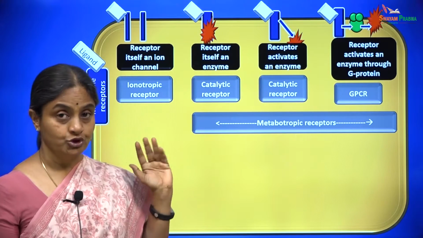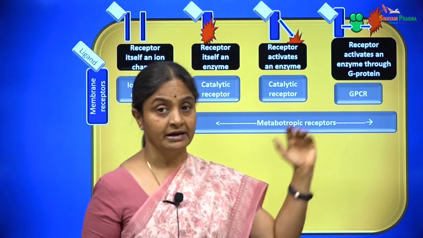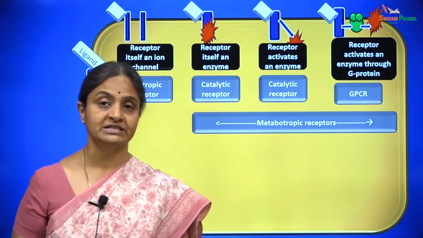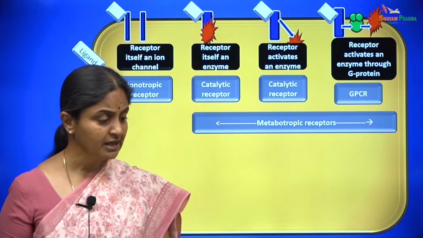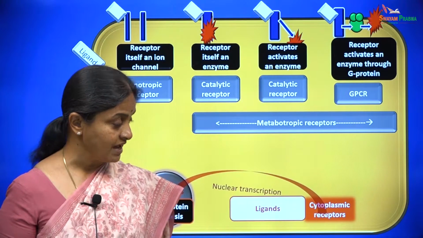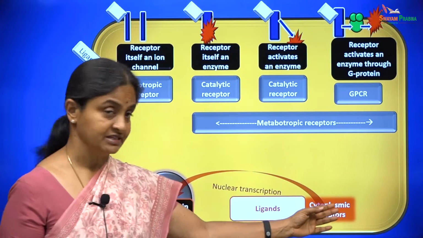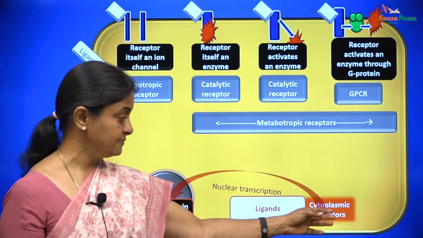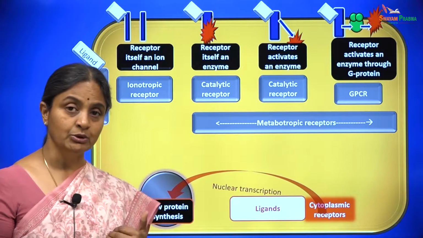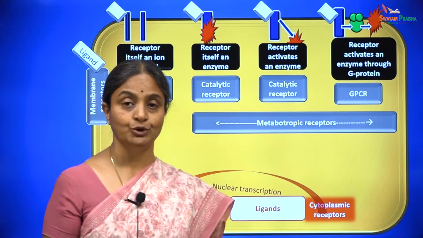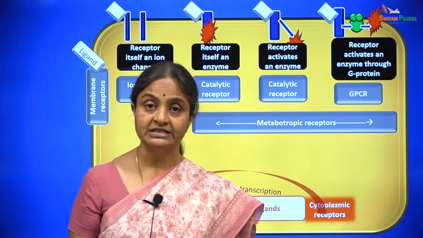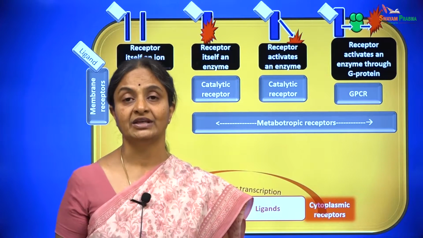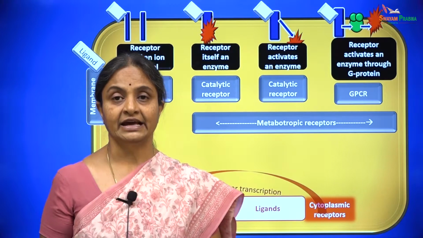As against ionotropic receptors, these three are referred to as metabotropic receptors. In addition to these, we know that we have cytoplasmic receptors, where when a ligand binds to such a receptor, it induces nuclear transcription, synthesis of new proteins, and the newly synthesized proteins bring about the action of the ligand.